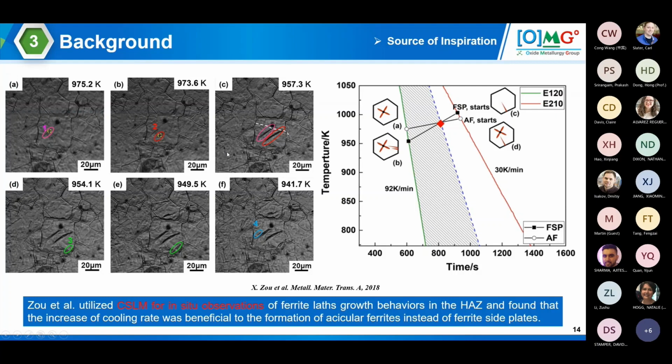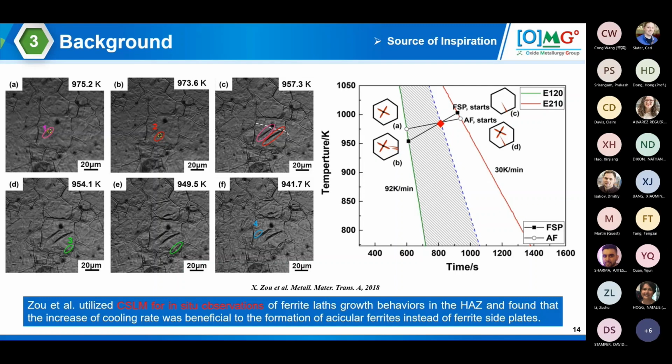And to our greatest luck, we were able to capture the growth of one acicular ferrite, and we were able to capture the cooling rate as opposed to this acicular ferrite formation kinetics here.